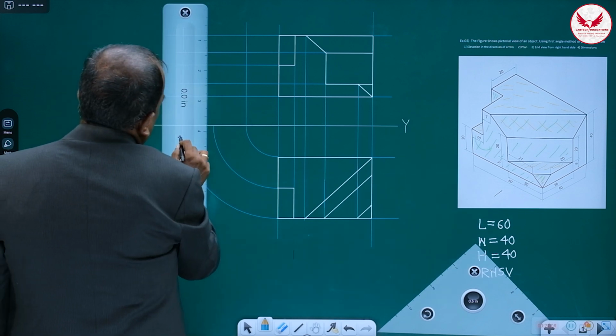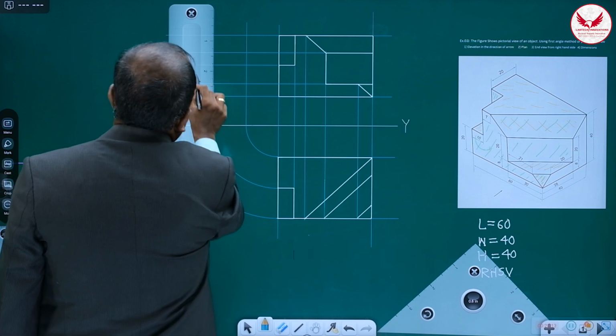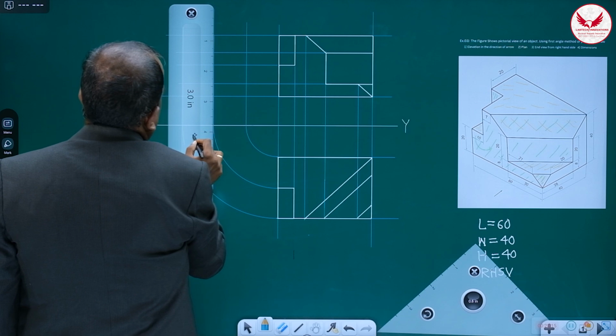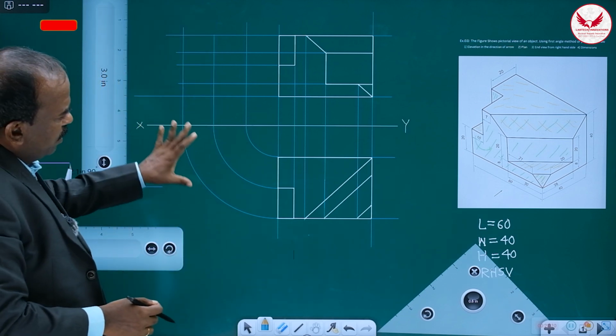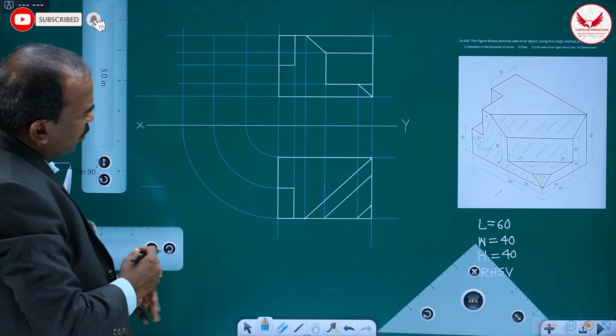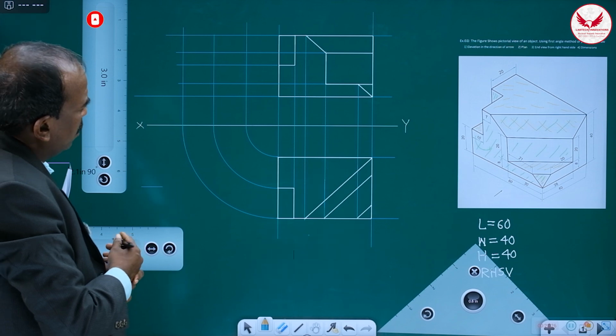And once we mark this line, then take its projections. And I feel, even if you take these many projections from the front view and top view, the few things you can directly measure and mark, it is always better.